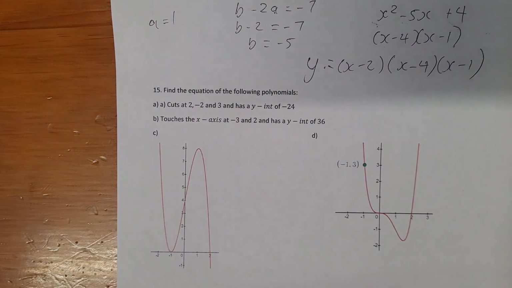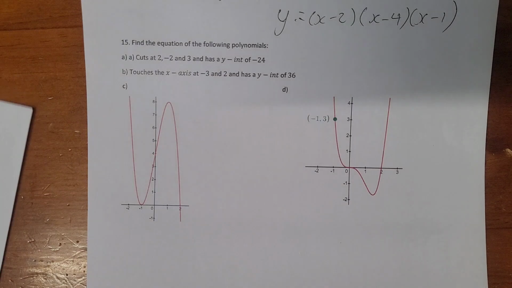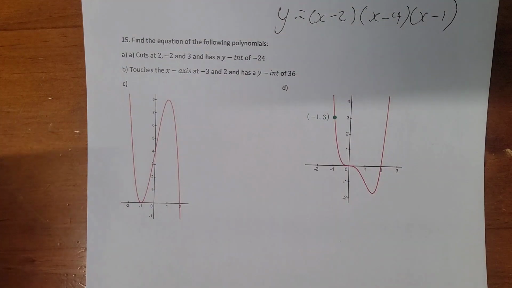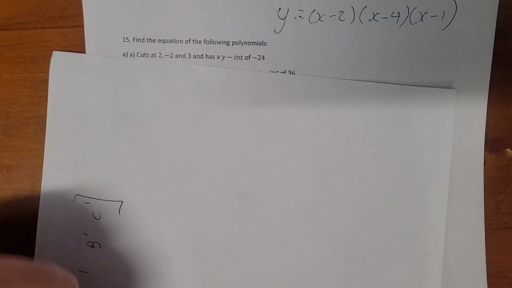Okay, we've got 4 of these to get through. So find the equation of the following polynomials. In 2a, we have it cuts the x-axis at 2, minus 2, and 3, and has a y-intercept of minus 24.